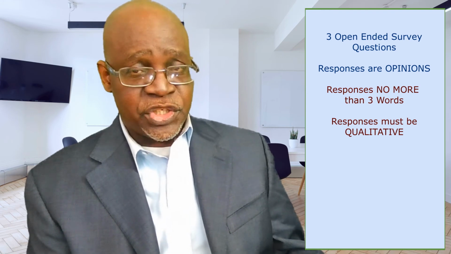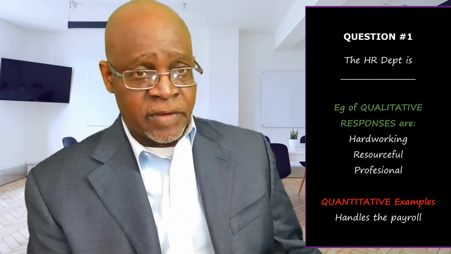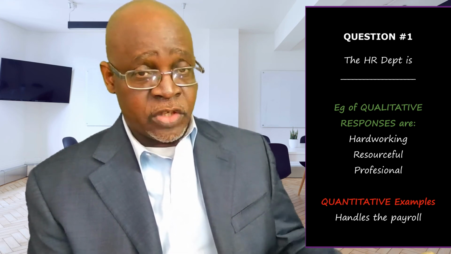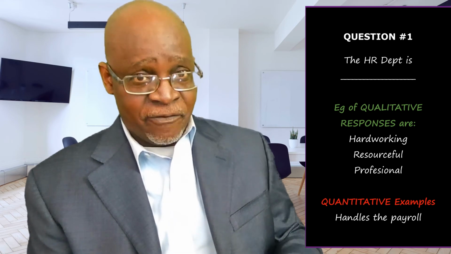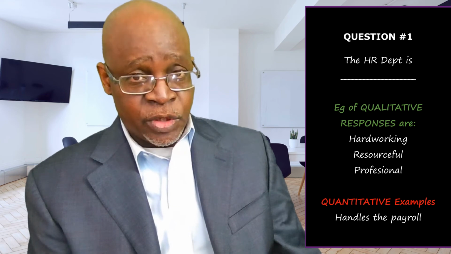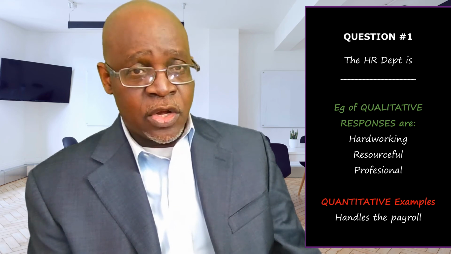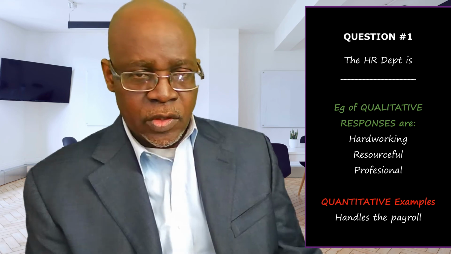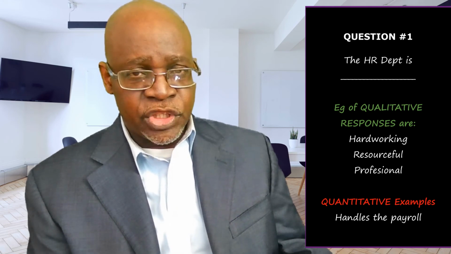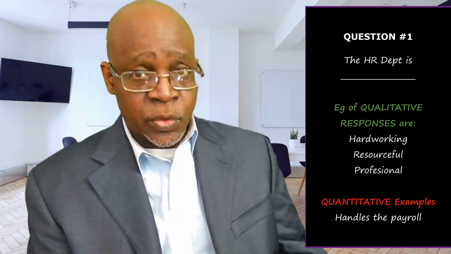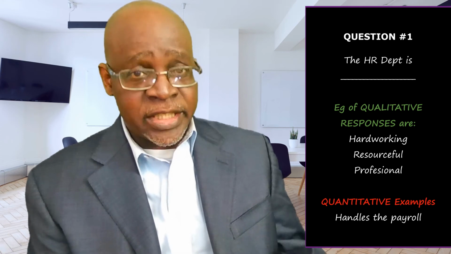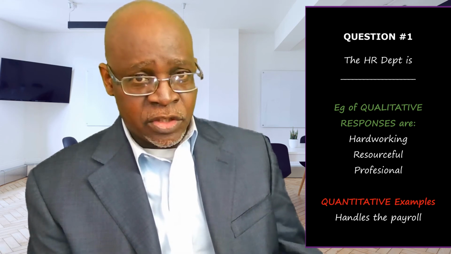Let's start with the first question on the Team Brand Survey. The first question is, the HR department is. Now the survey taker must fill in the blank with a response that's no more than 3 words and must be qualitative. For example, a response that says the HR department is resourceful or hardworking, those are qualitative responses. They describe a quality of the HR department.